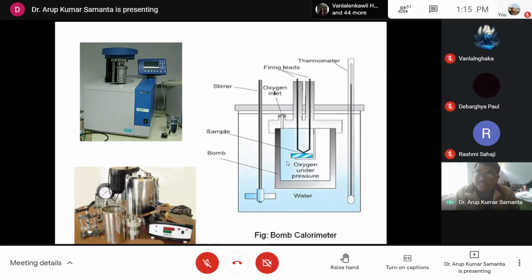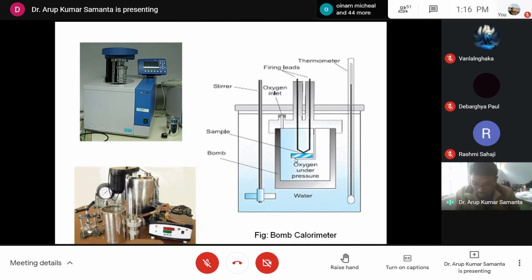So inside this bomb there is the foodstuff, and you have already allowed the oxygen in. Then with the help of firing leads, you have to ignite that feed sample.